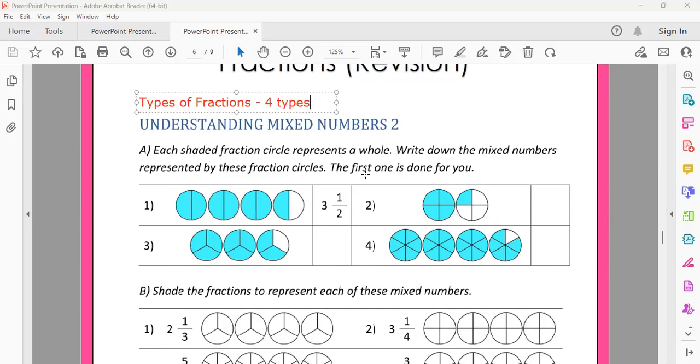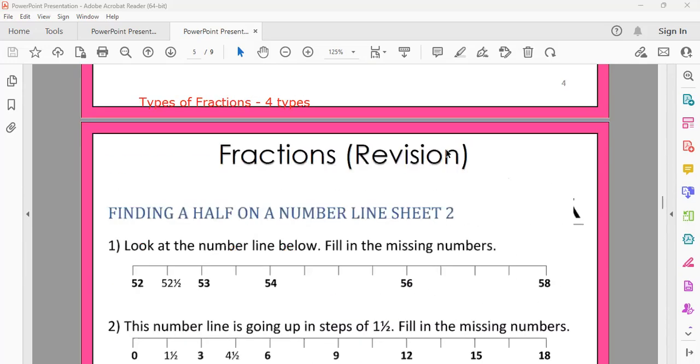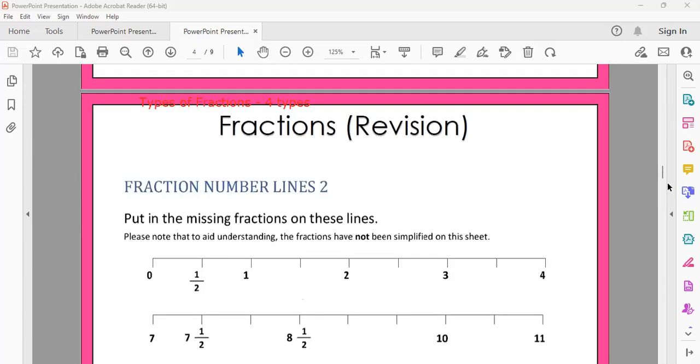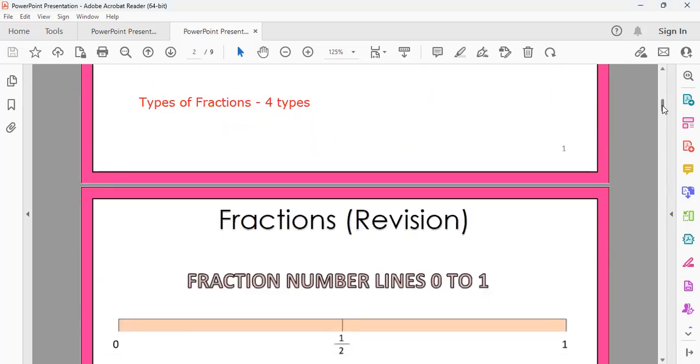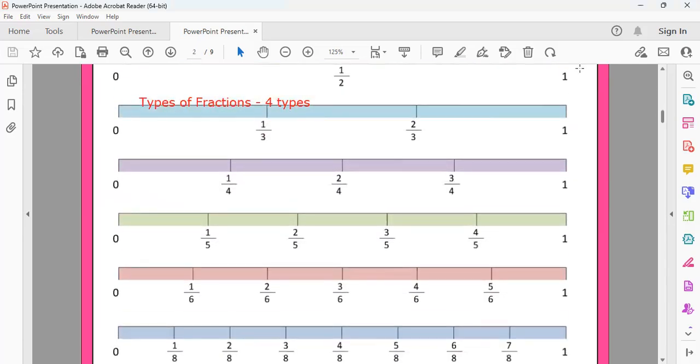Do you remember these fractions that you saw earlier on the second page? Can you see this chart? There is a special name for all these fractions: 1/2, 1/3, 1/4, 1/5, 1/6.